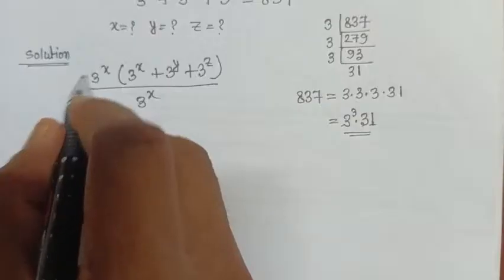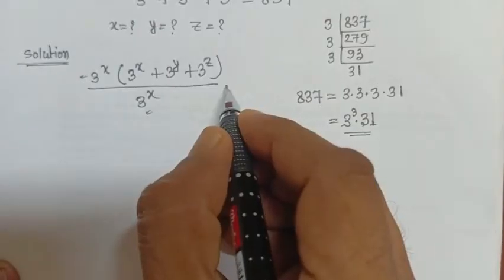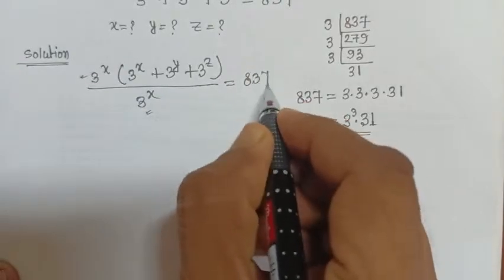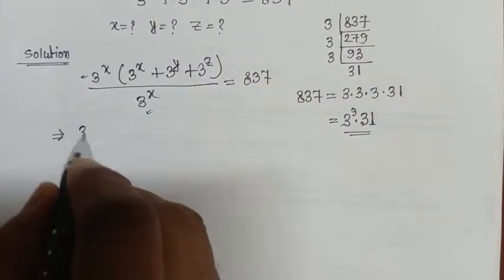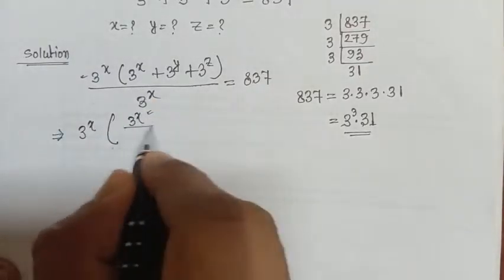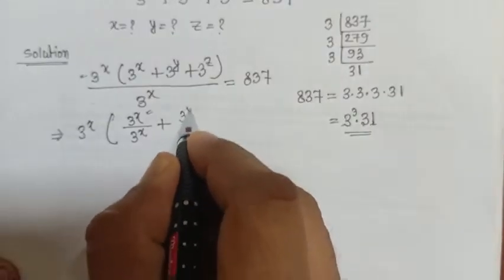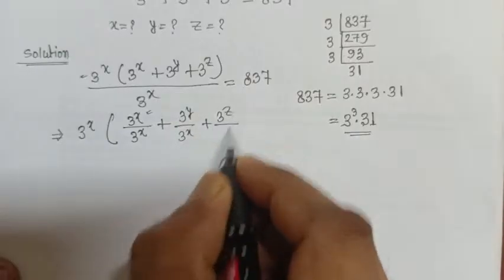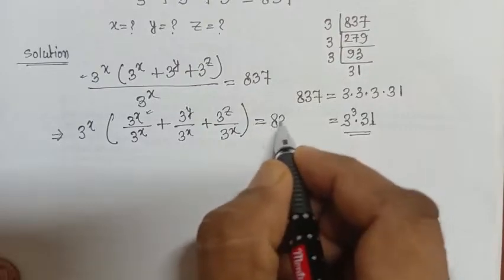We multiply and divide only the left hand side, and the right hand side should be the same, 837. If we divide the right hand side by 3 to the power x and split them, then we will get like this.